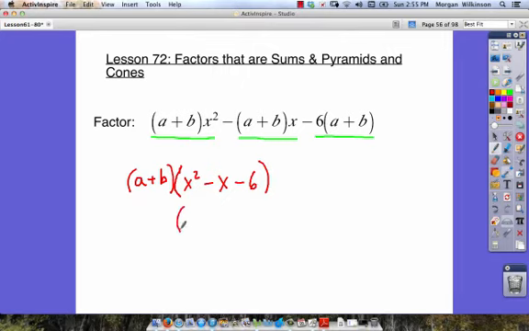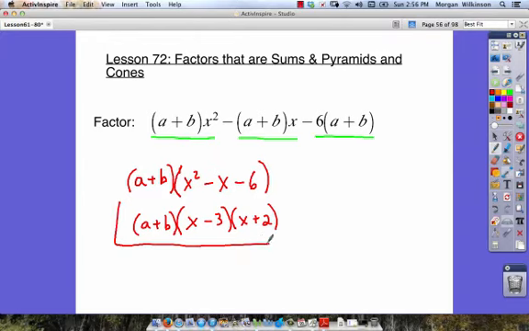It will come out to be x minus 3 times x plus 2. That works because negative 3 times 2 is negative 6, and negative 3 plus 2 is negative 1. So we've got a plus b out in front still, times x minus 3 times x plus 2. This is our final answer when we factor this trinomial.